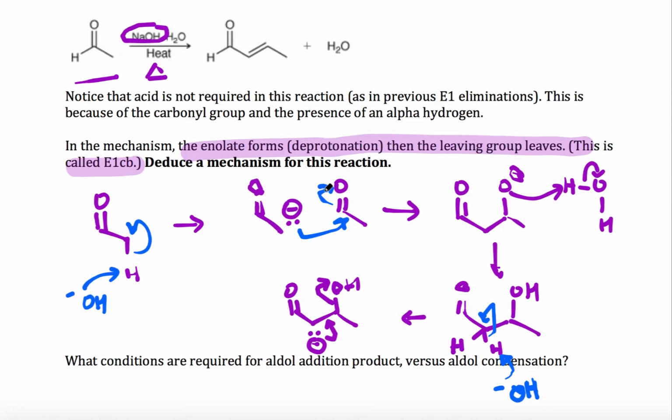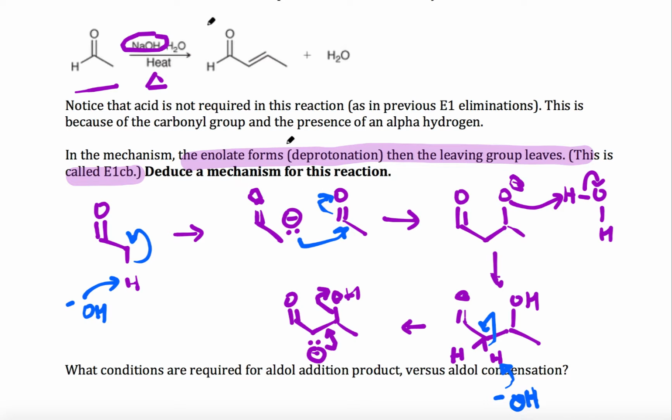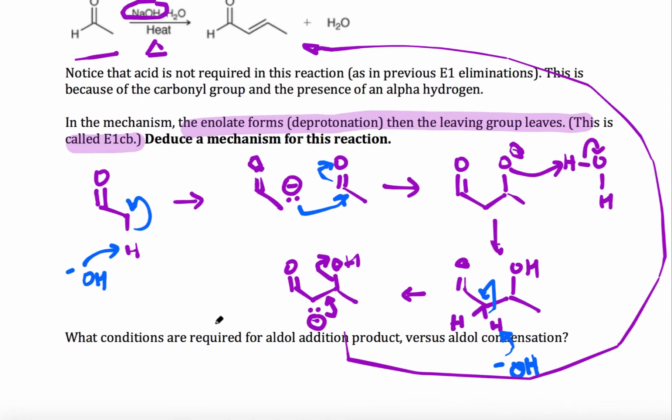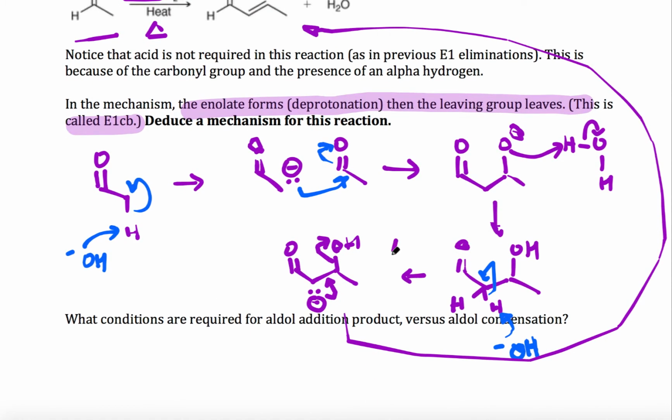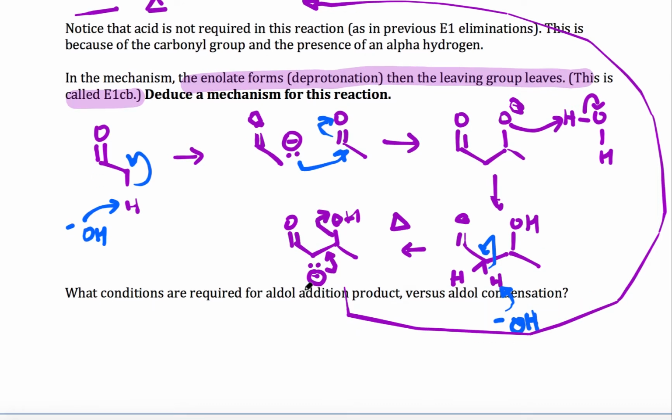Okay, so that is it. That's how we get our final product here, which I'll draw an arrow to, or you can just draw it right here if you want. And that's because we have heat involved. All right, and heat is driving reactions that have a strong entropy change. So as we make one molecule turn into two parts, that's going to help drive that reaction.